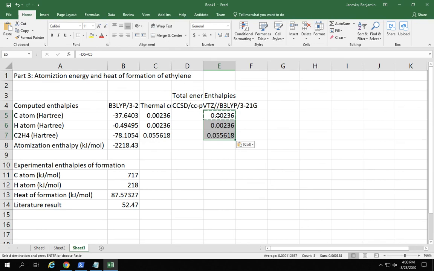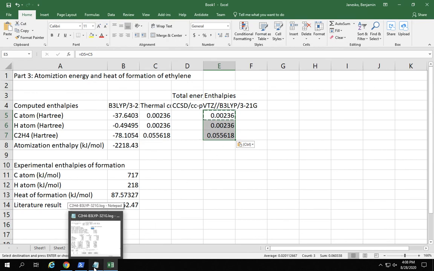So I can do a coupled cluster calculation at the fixed B3LYP geometry and use the geometry and the zero-point energy and thermal corrections from that lower level calculation, and that will save me a lot of time.